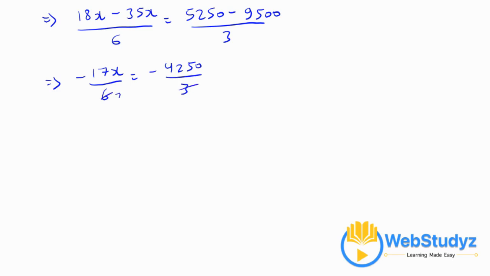This cancels out by 2 times. So multiplying by 2 and minus cancels out minus, this will be 17x is equal to 8500. So solving this, we get the value of x as 500.